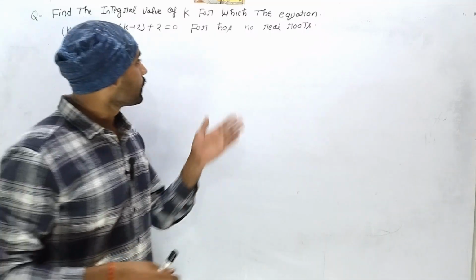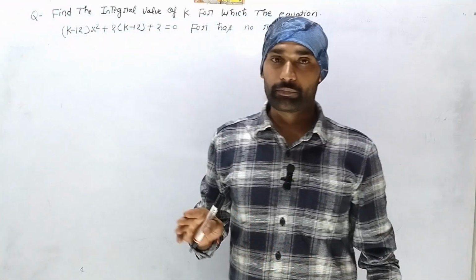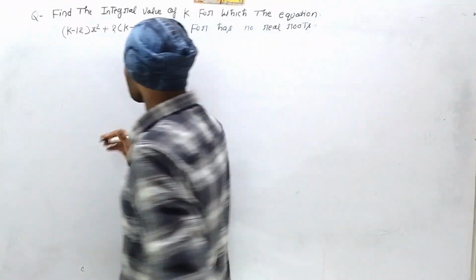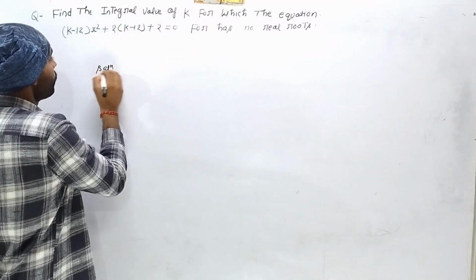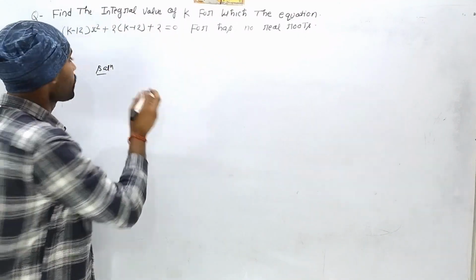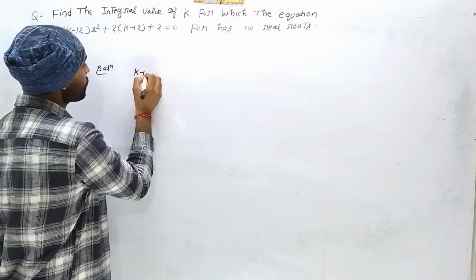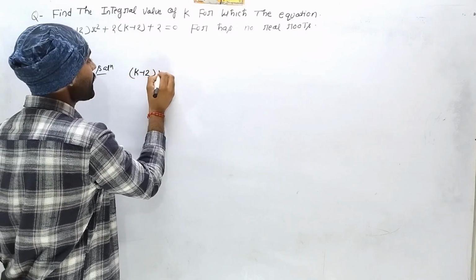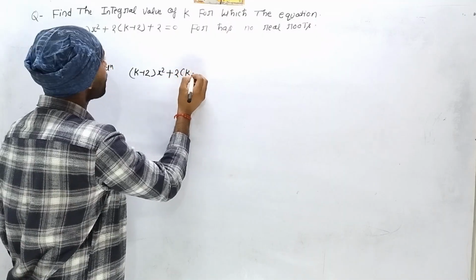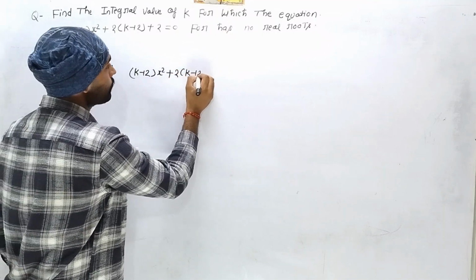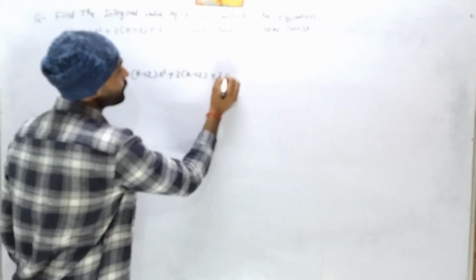Now we are taking one example based on the previous concept. At first, we write the equation (k minus 12)x square plus 2(k minus 12)x plus 2 equal to 0.